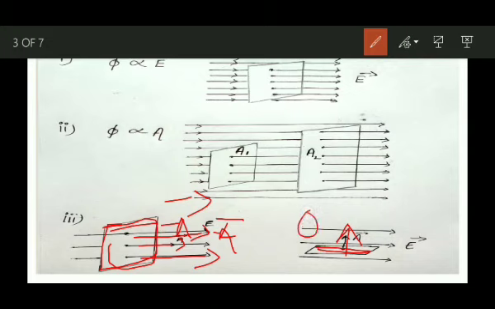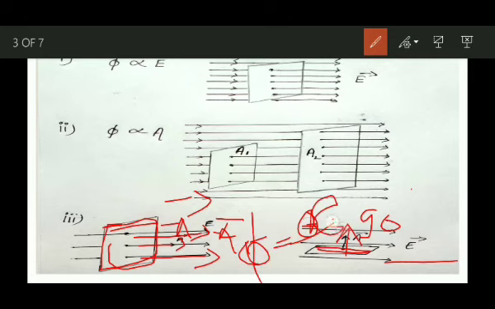So theta is 90 degrees between the area vector and the electric field vector. When we substitute this value in phi is equal to EA cos theta, cos 90 degrees is equal to 0. So here the electric flux is the minimum, that is 0.